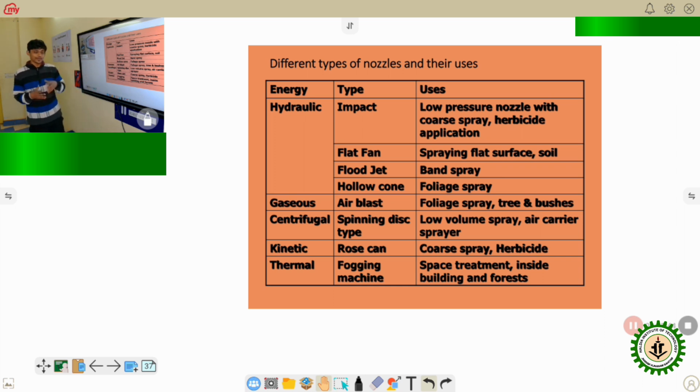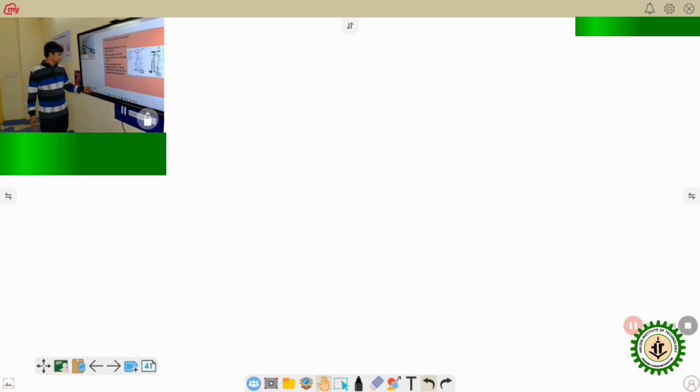Air carrier sprayers we can use, and kinetic ones, generally used for cold spraying of herbicide, and thermal fogging machines for treatment inside buildings and forests, and for controlling weeds also we can use.